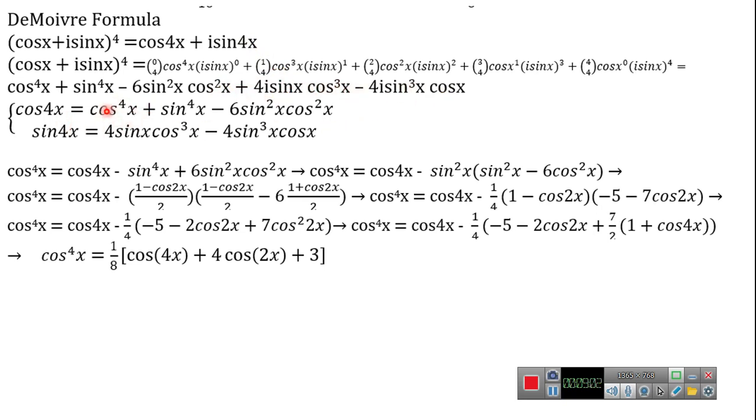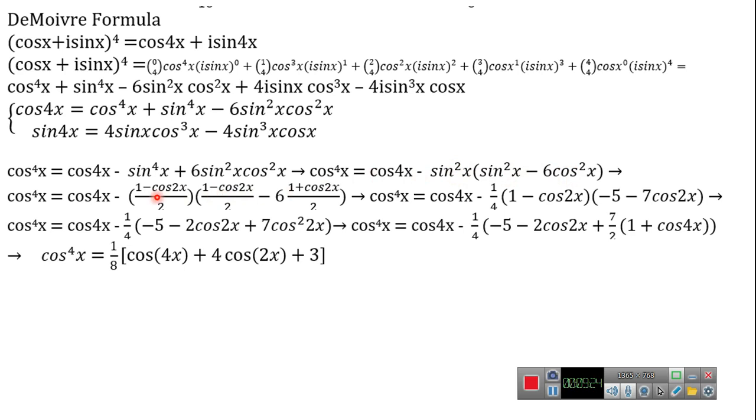And the last one is sine power 4x. I compare this one to that one, real equal real, imaginary equal imaginary. So cosine 4x will be cosine without i, cosine power 4x plus sine power 4x minus 6 sine square cosine square, and sine 4x will be the rest with the i, this one and that one.